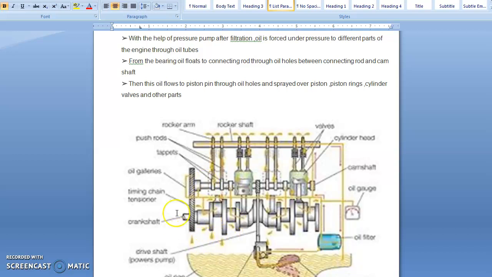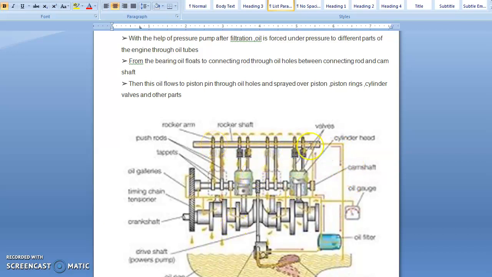The valve tappets are lubricated by connecting the main oil gallery to the tappet guide surface through drilled holes. Here you can see we have a pump. This pump sucks the oil and delivers it into the oil tappet gallery. That means through a piping line, these are all connected to the oil gallery.